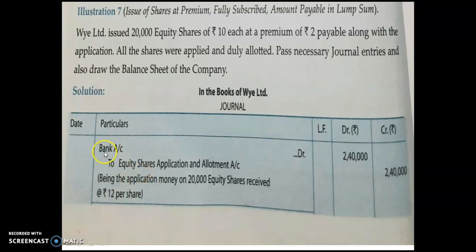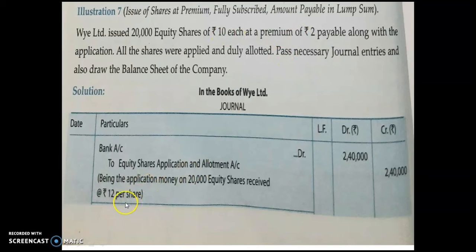The first journal entry is bank account debited to equity share application and allotment account. So we have already discussed the journal entry. The same entry you have to pass over here. How much is the shares issued? It's 20,000. And what is the nominal value plus the premium amount? It's 12 rupees.